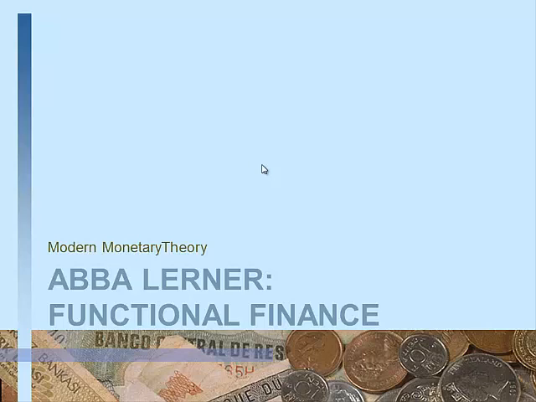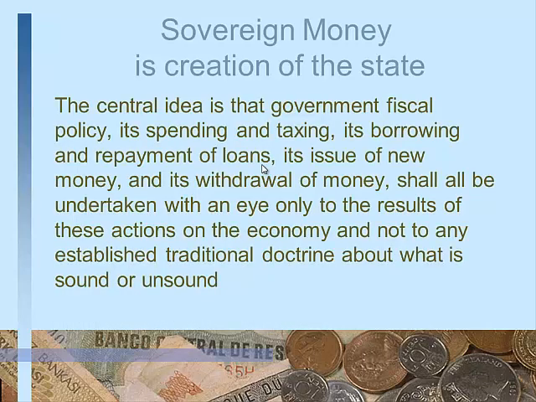Okay, so now we go to this theory of functional finance, which was introduced in the 1940s and 50s by Lerner. And basically, his key idea is that the sovereign money is the creation of the state, which is the central idea of modern monetary theory as well.